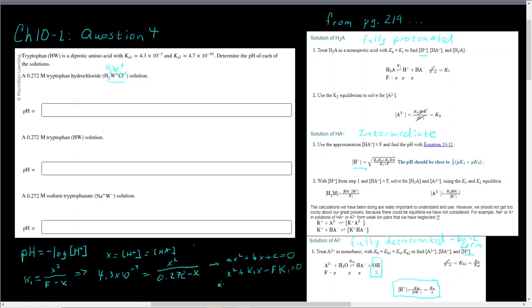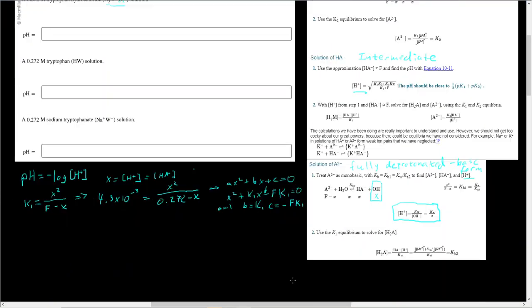And you can see from this that a is equal to 1, b is equal to k1, and our constant c is equal to negative, because of the negative sign right there, negative the formal concentration times the Ka1 acid dissociation constant. Okay, so we're going to plug those numbers into our quadratic equation solver, and I will let you do that.